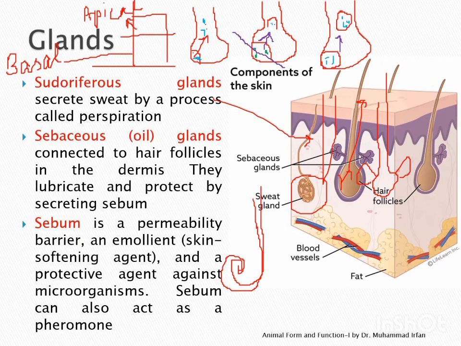These sweat glands are mostly present on the palms of the hand and the soles of the feet, and are not present in all animals. Humans and horses, for example, have these sweat glands in their hairy skin, but dogs don't have any glands on their skin. They cool their body through panting.